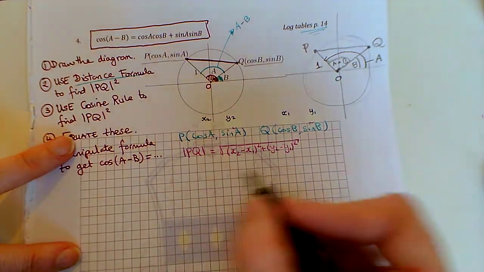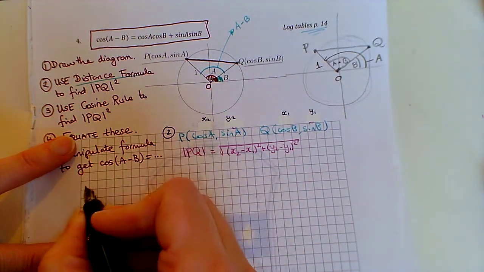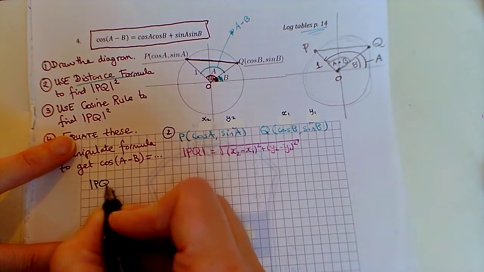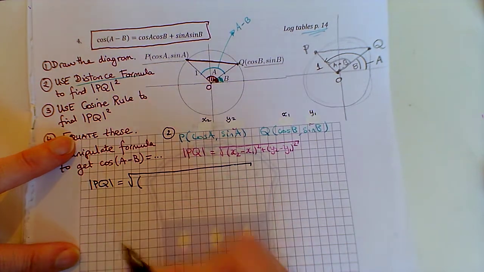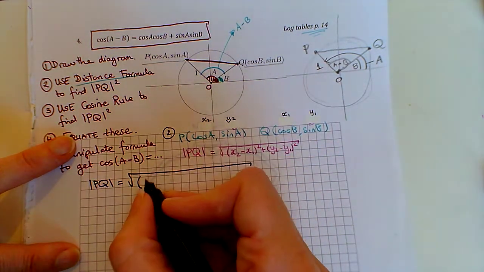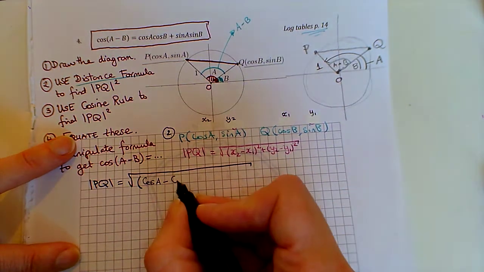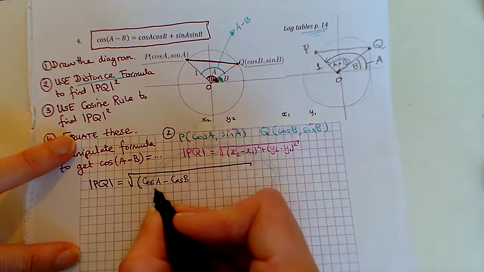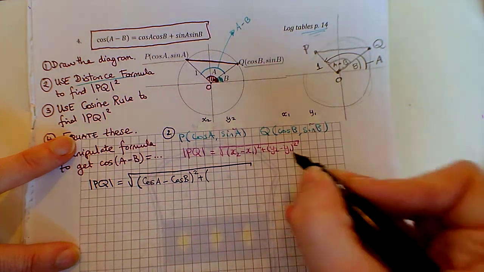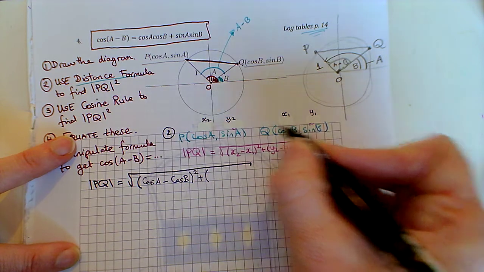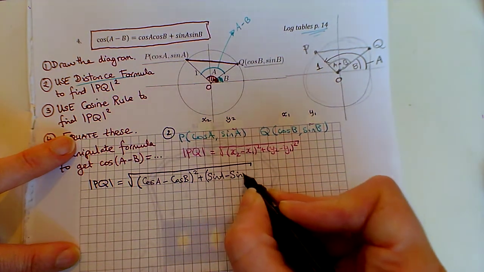So when I'm filling into this formula here, this is step 2, we get that the distance from P to Q is the square root of x2, cos A, minus x1, cos B. It's just that I want the A first, that's all. All squared plus sine A minus sine B.